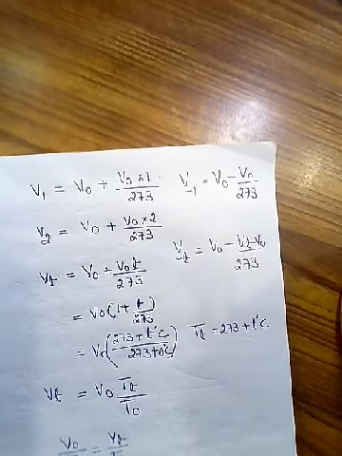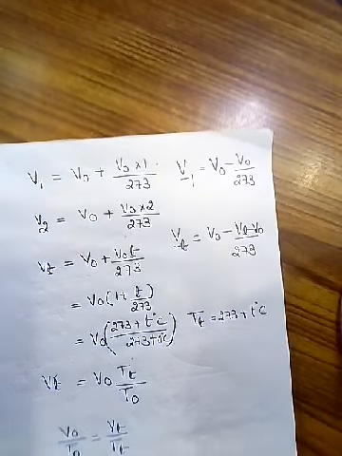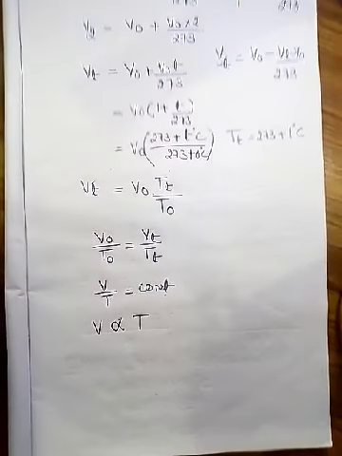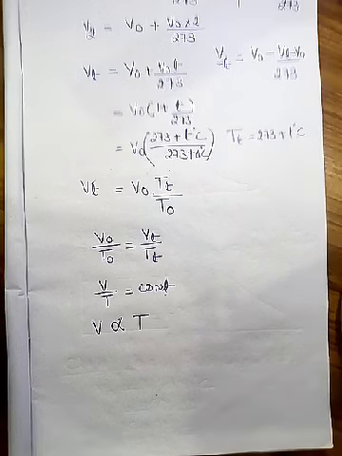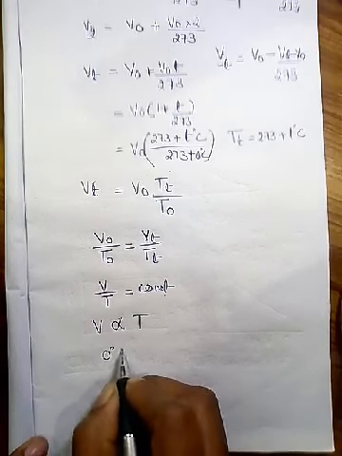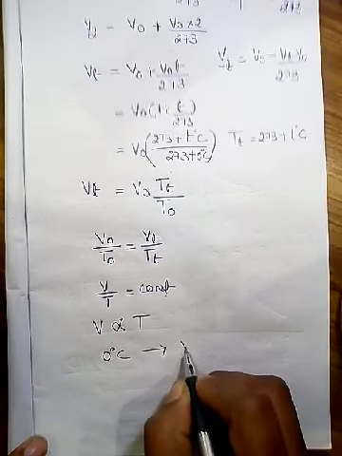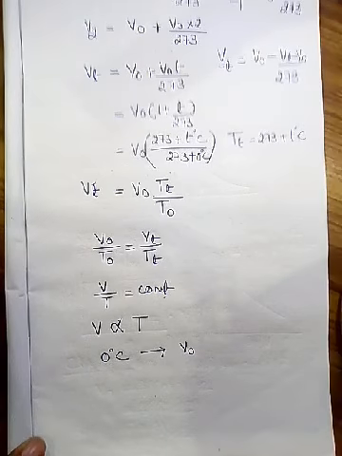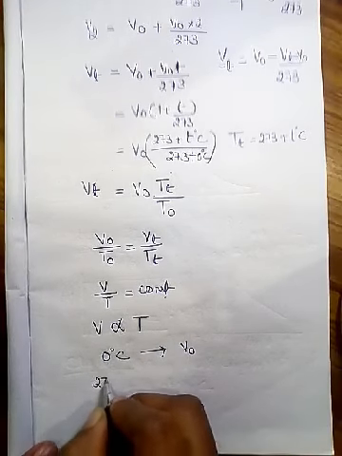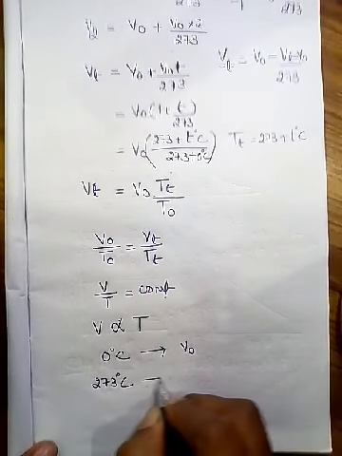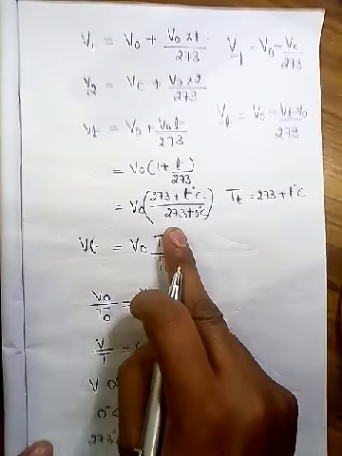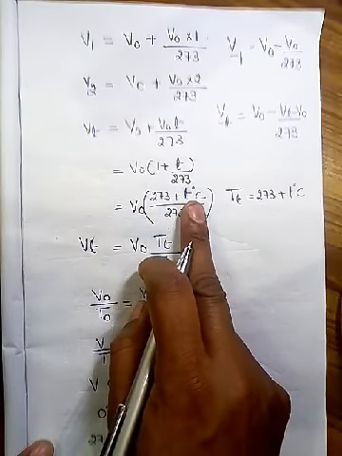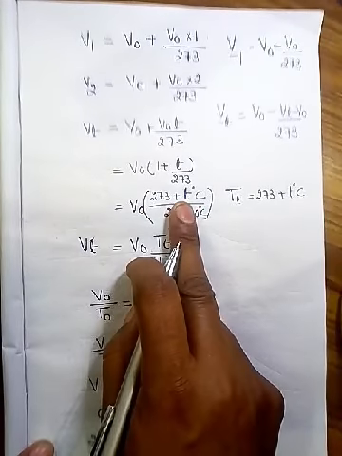Now for the graph, we require at least 3 points to be plotted. Now at 0 degrees Celsius, we have the volume as V0. At 273 degrees Celsius, the volume will be, here you see, 273 plus 273 will give you 2 into 273.